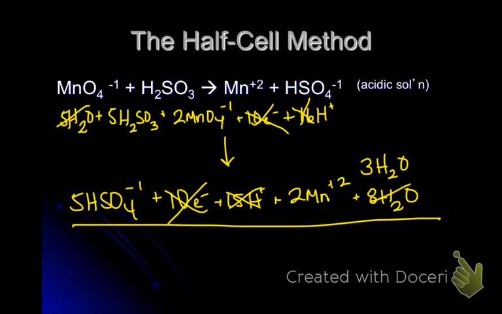But I want you guys to notice something. If you were just to balance this normally, you probably never would have thought that you needed to put a 2 in front of the MnO4 minus 1 and the Mn plus 2 because they're already balanced. But because of the electron flow, we have to.